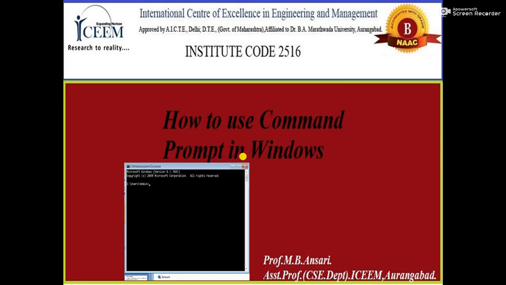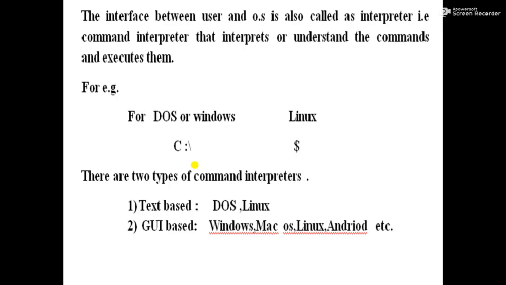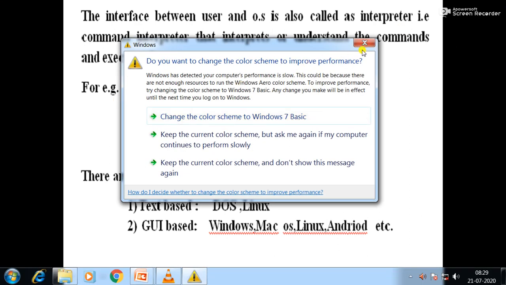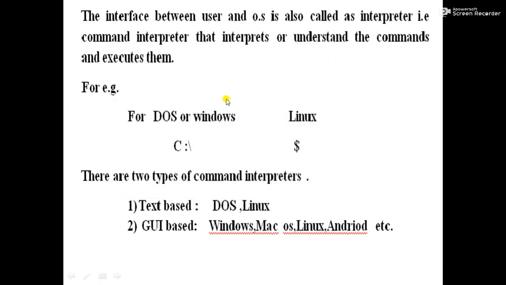Nowadays, for an ordinary user, there is no need of using commands at all. Only the persons who have some basic knowledge of the hardware and operating systems can understand the commands and command prompts.